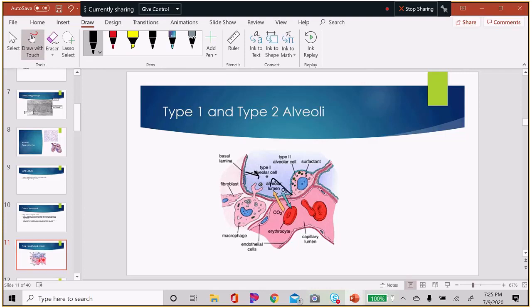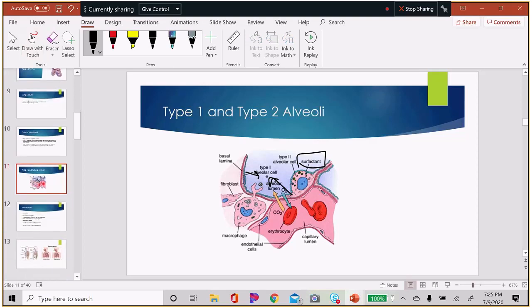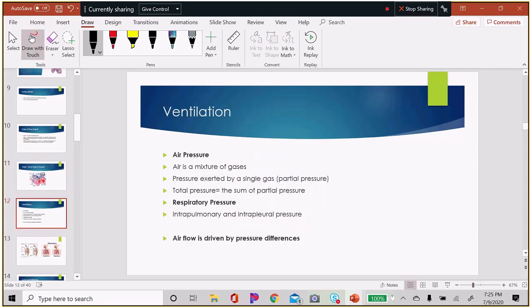You don't want these walls of the alveoli to touch each other, because then it's harder to open up the lungs after. If that would happen, our protection is surfactant, which helps to keep the alveoli from sticking too tight together, so that it's easier to overcome the surface tension of the alveoli collapsing.